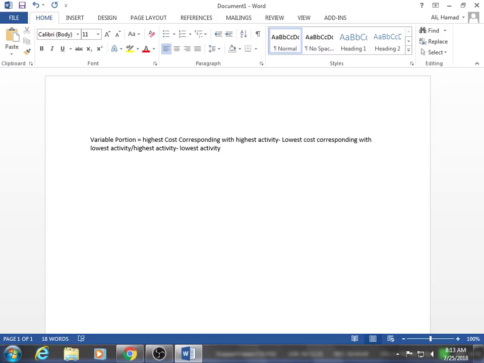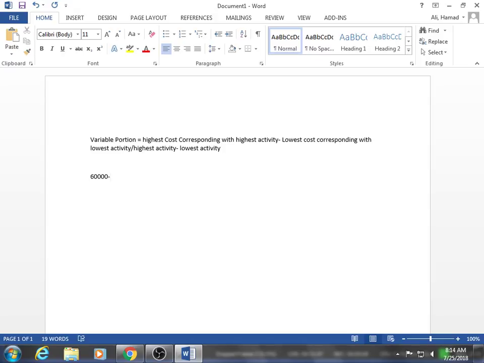With that in mind, look at the volume. Which month has the highest volume? July, which is 6,000. The corresponding cost is 60,000. So we do 60,000 minus, which month has the lowest activity?